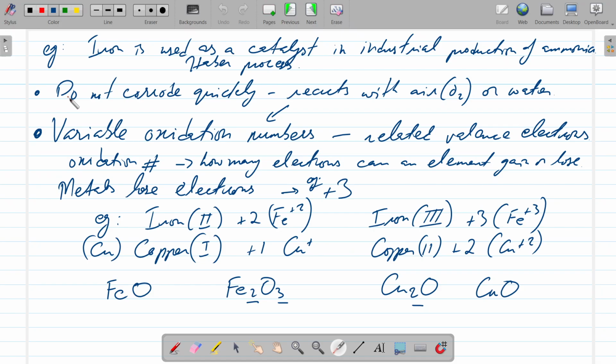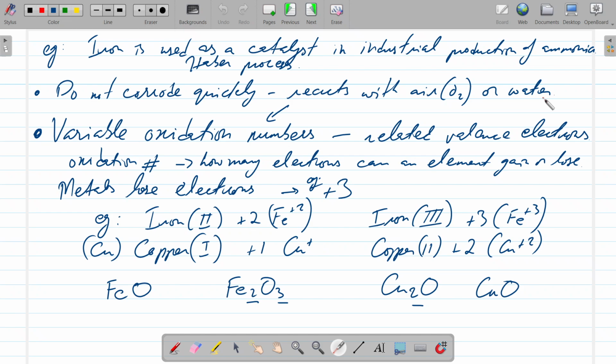These transition metals do not corrode quickly. They don't react as quickly with air or water, so they don't rust as fast. We know about group one and group two that as soon as they come into contact with air, they react.